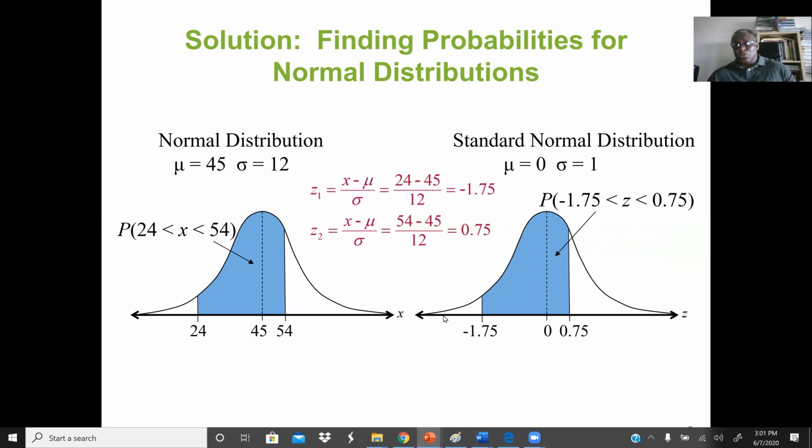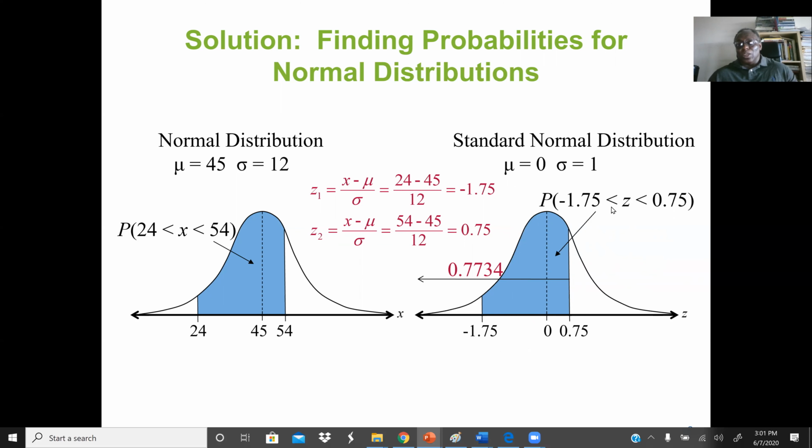The same thing from the left to positive 0.75. Then our next step is to find the difference of the p-values when z is negative 1.75 and 0.75. That is the probability of the value between 24 and 54, which is the solution.